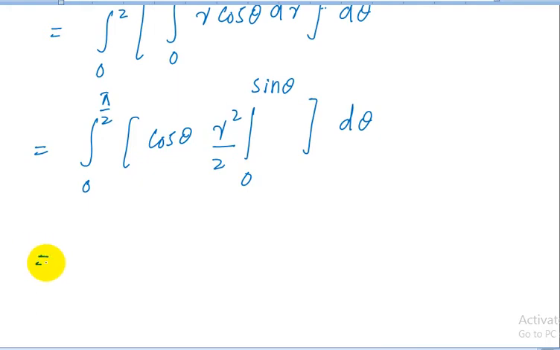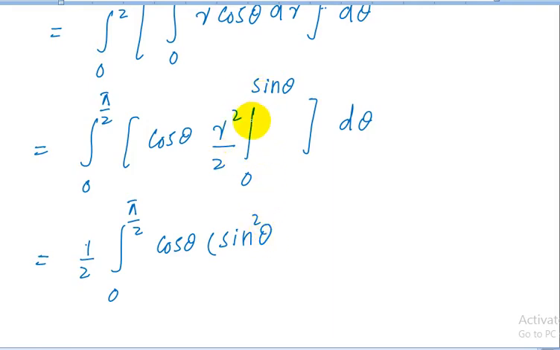In the next step, we can write it as 1 by 2 integration 0 to pi by 2 cos of theta, as this is the limit of r, so it becomes sine square theta minus 0 d theta.